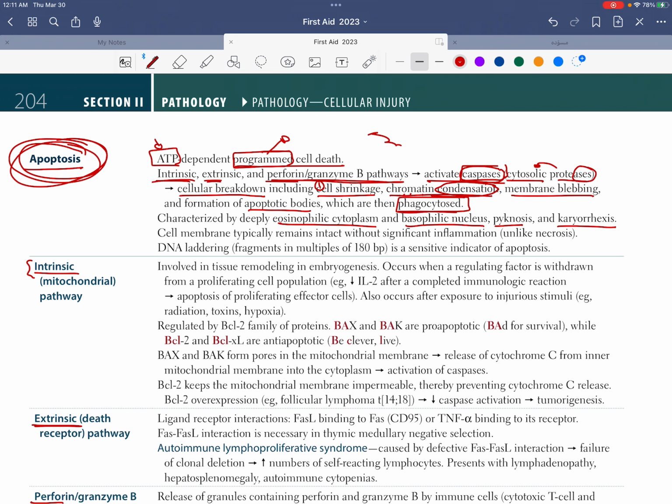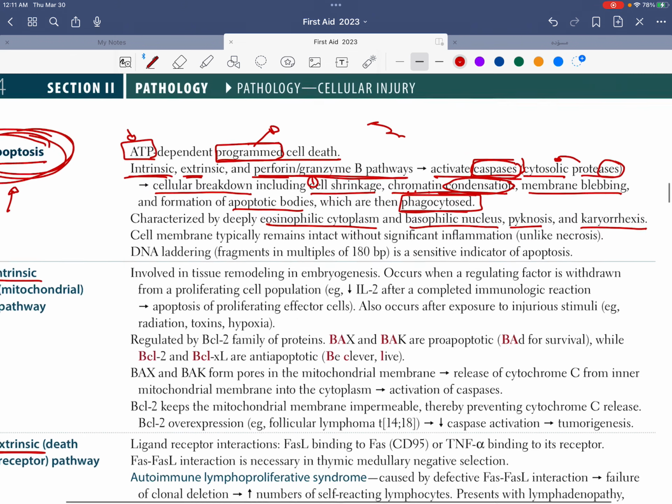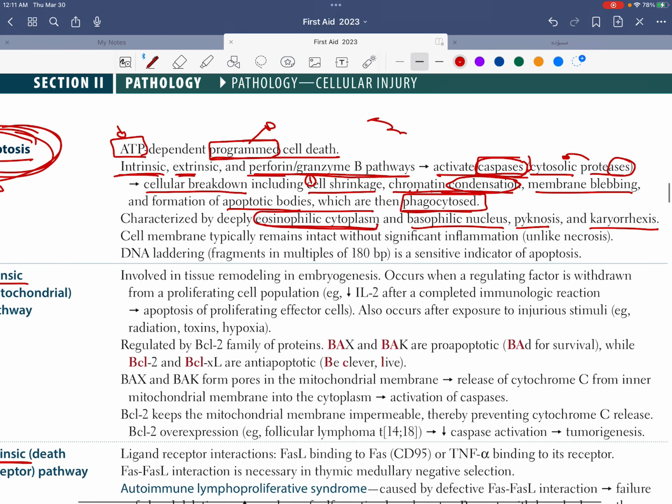So if you want to take a look under the microscope and see what the findings are that say this cell is not alive, it's undergoing programmed cell death, basically we see an eosinophilic cytoplasm plus a basophilic nucleus. So there is a difference: the nucleus would be basophilic, while the cytoplasm is eosinophilic.